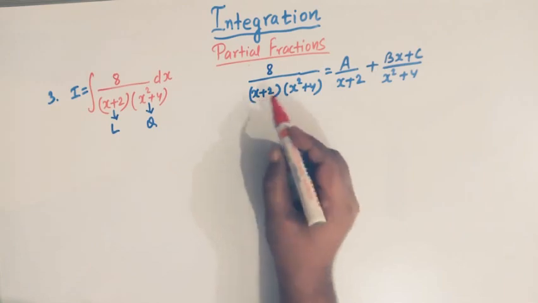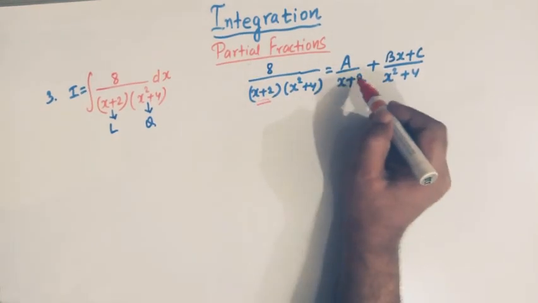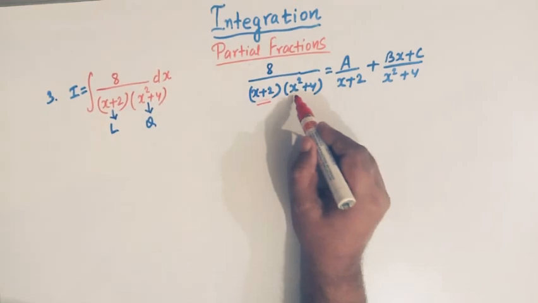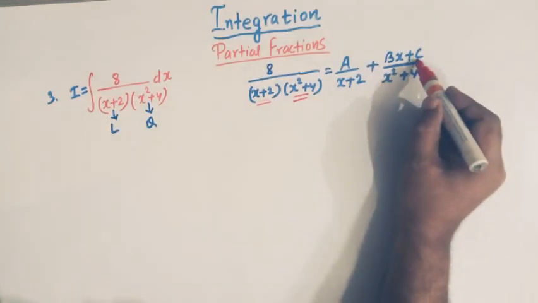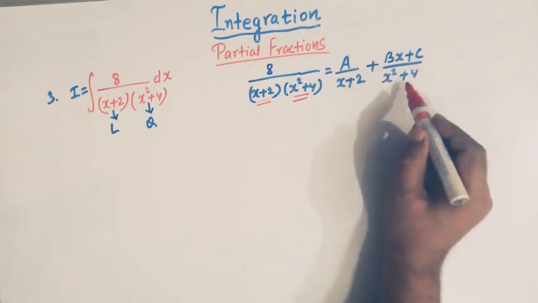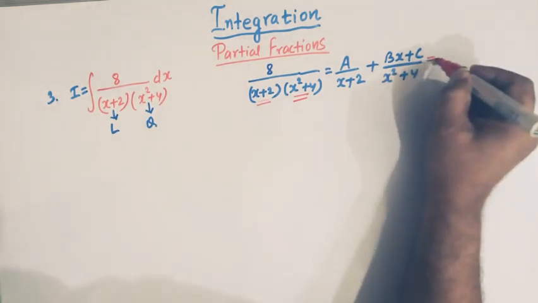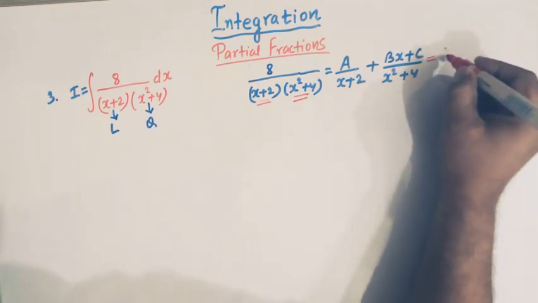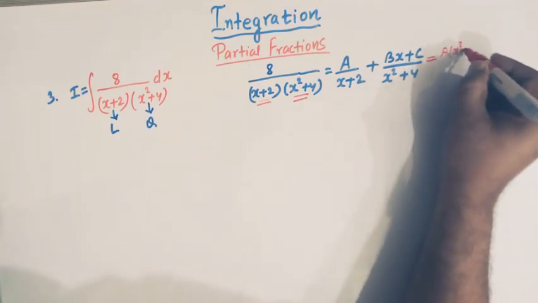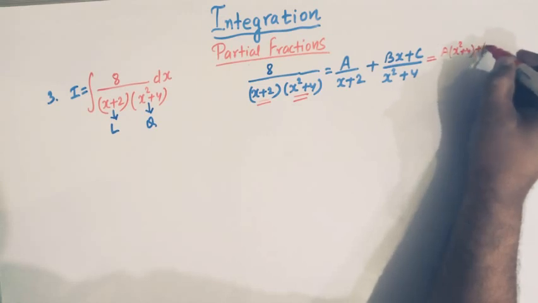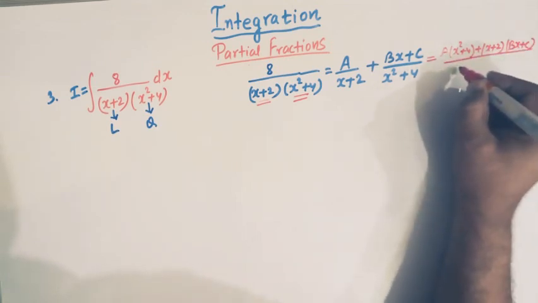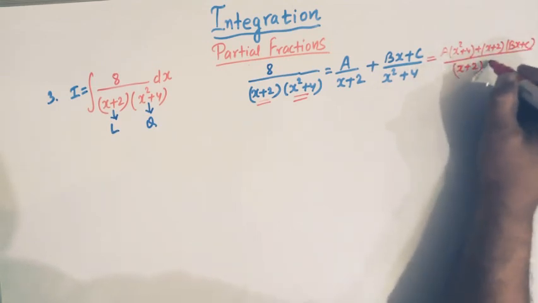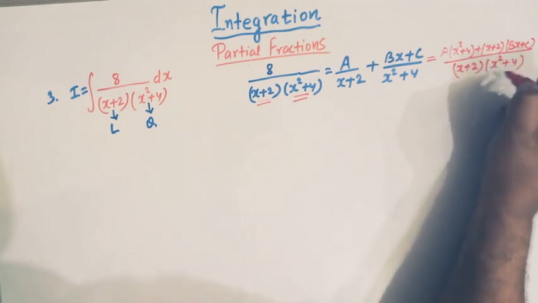For this linear factor we have A over x plus 2, and for this quadratic factor we have Bx plus C divided by x square plus 4. Now taking the LCM, we have A times (x square plus 4), then (x plus 2) times (Bx plus C), divided by (x plus 2)(x square plus 4), right?